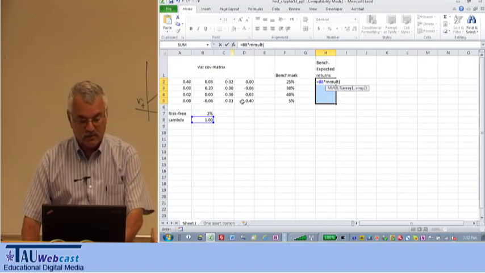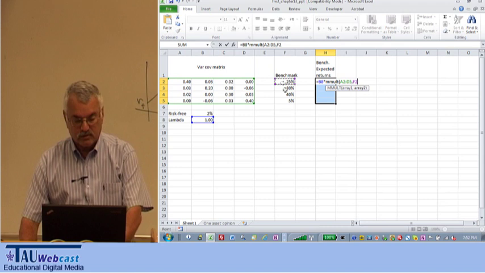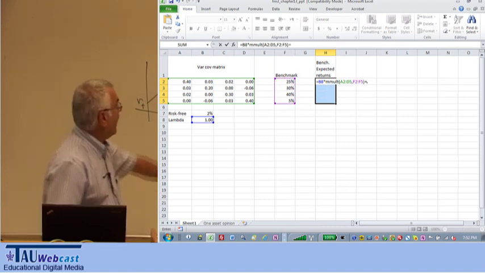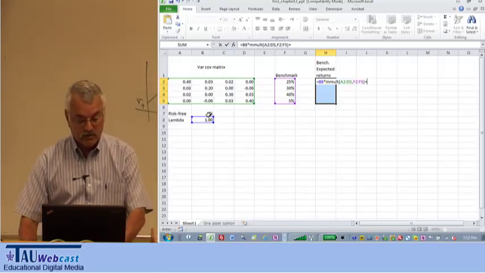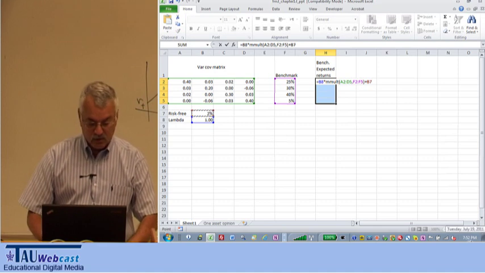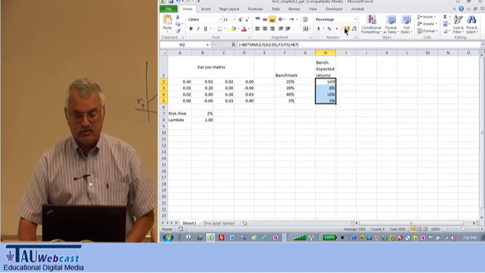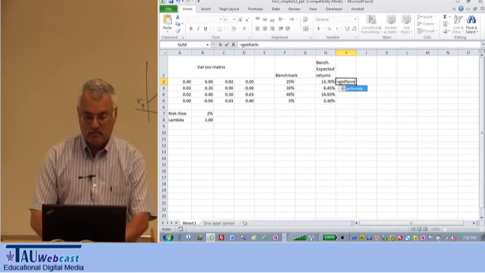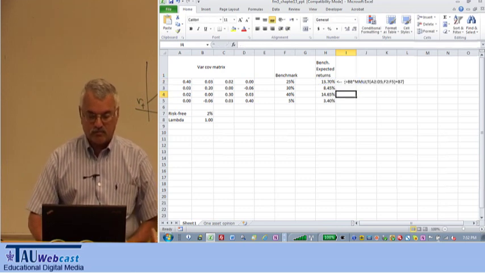So here's the variance covariance times the proportions. And then I have to add the risk-free rate. And the risk-free rate is 2%. And then I go Control-Shift-Enter. And I make this into percentages. And I do something like this. And I use get formula to show you this formula.